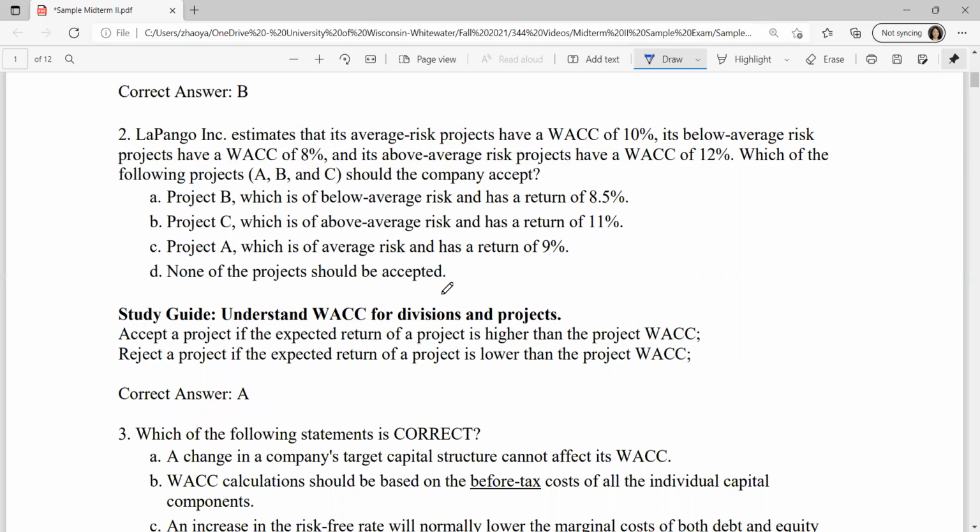Which of the following projects should the company accept? This belongs to chapter 8, division weighted average cost of capital using the subjective approach.